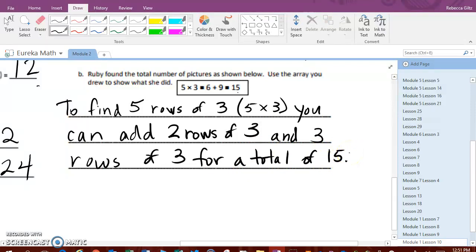Okay, so what we did was we solved 5 times 3 by doing 2 rows of 3, which equals 6, and 3 rows of 3, which equals 9, for a total of 15.